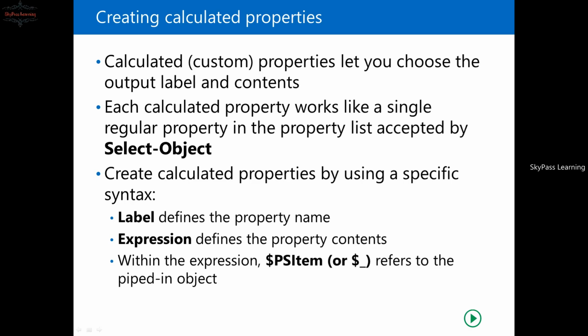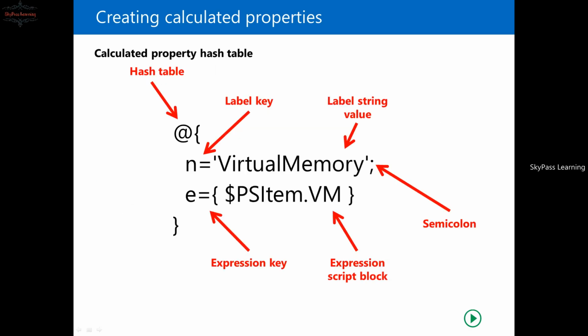Okay, for example, here you can see one of the hash tables, or a variable that we have taken, and it's called a hash table, where you start with the @ sign and close it. There you can put the label key, label string value, and then the expression block. It's a little bit complicated if you think at the initial level.